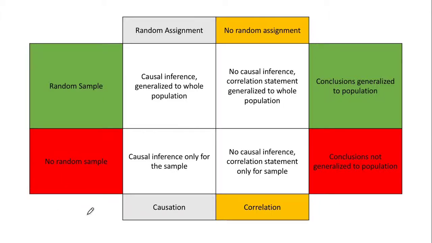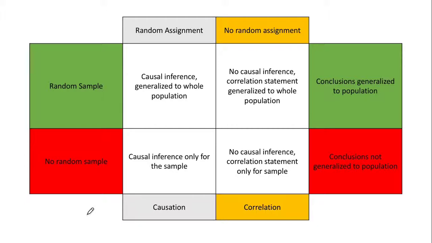All right, so to go back and review, previously we talked about random sampling or probability sampling and randomization or random assignment. Remember, random sampling is when you're sampling subjects randomly from a population of interest.